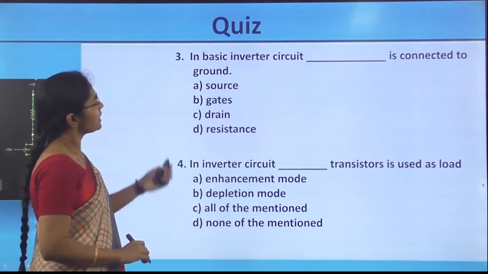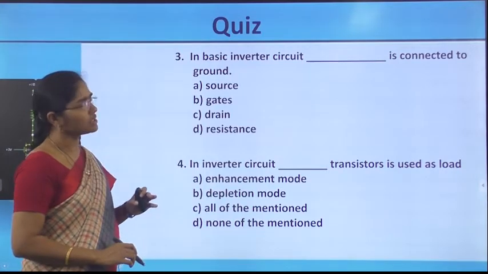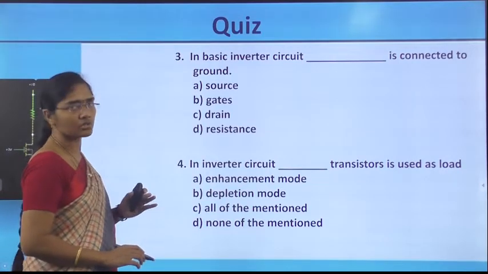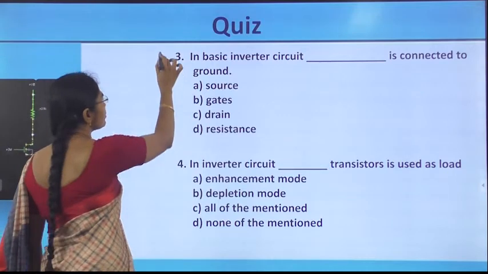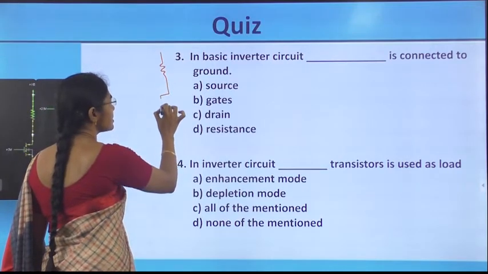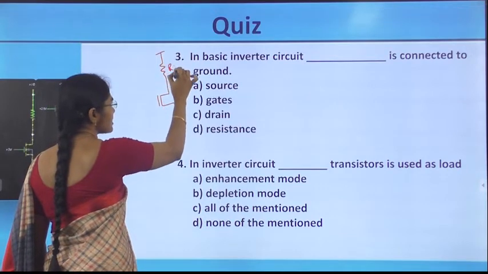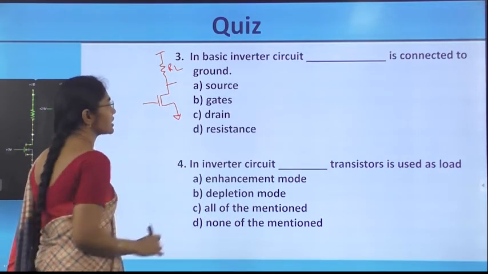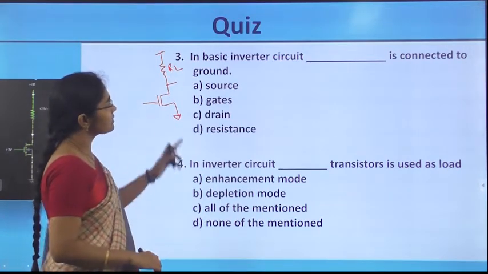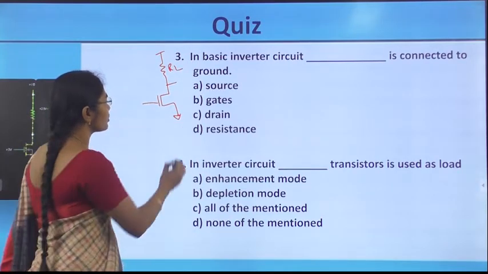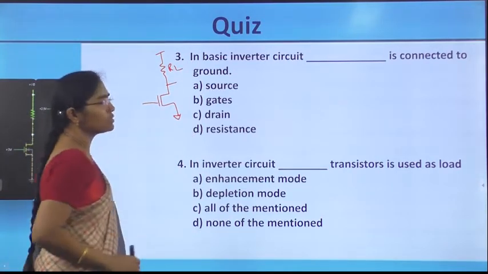Next, in a basic inverter circuit, dash is connected to the ground. A basic inverter circuit means a circuit with RL as the load device. Here, which is connected to the ground?